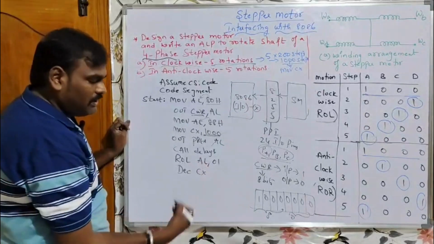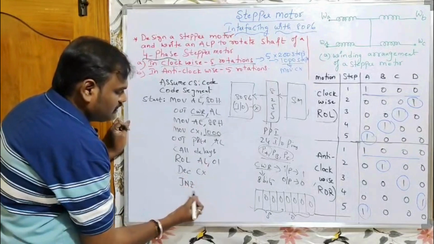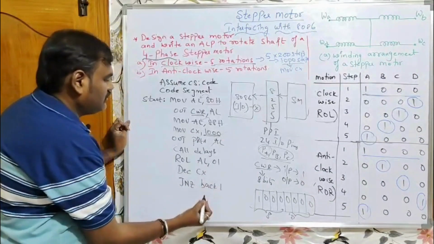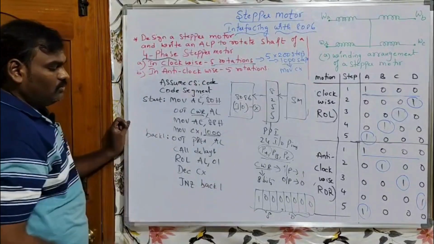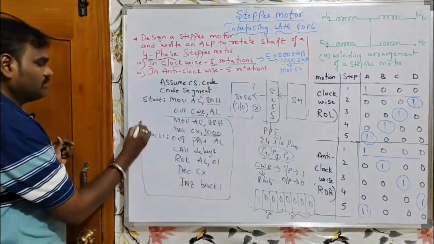It is going to decrement the count value, next 999, next 999. And next JNZ, jump if not equal to 0, back. If it is not equal to 0, this loop is going to repeat. This is the actual module for the clockwise.